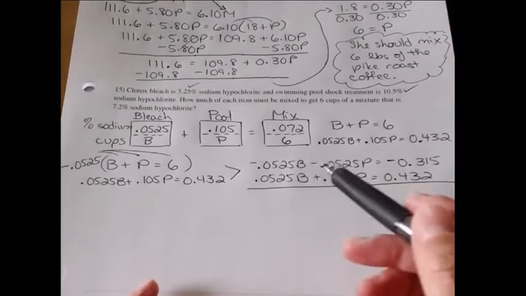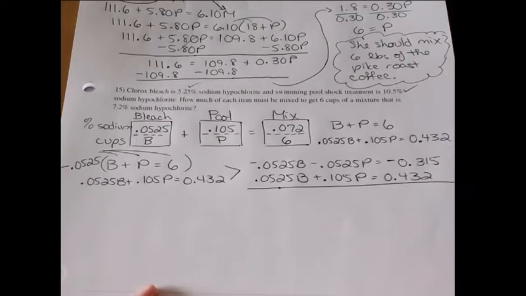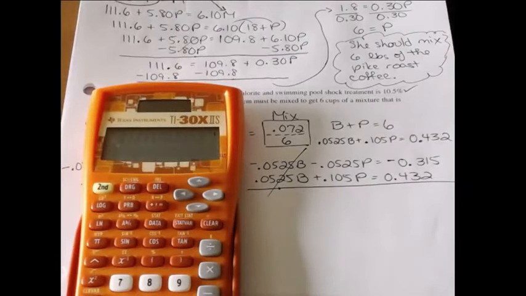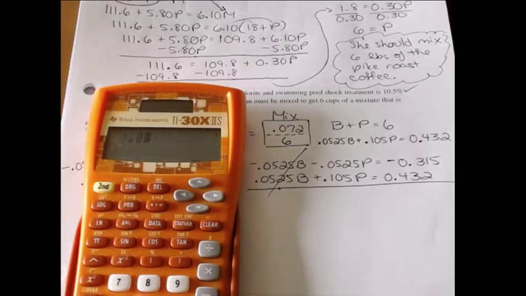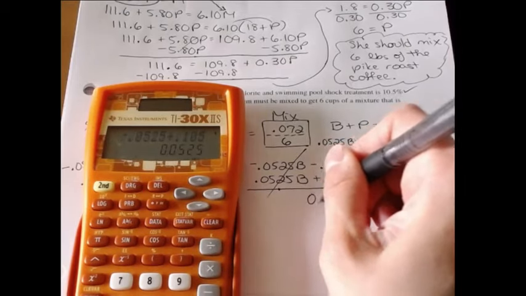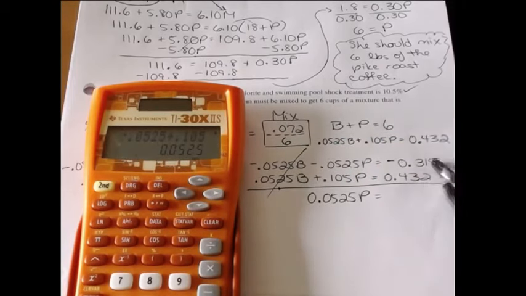My first pair here, I have opposite terms. These are additive inverses, so they cancel each other out. Gone. Next, I'm going to punch this in exactly as I see it. Again, in case it's helpful, we'll do negative 0.0525 plus 0.105. That gives us a positive 0.0525P. Now let's plug this in.